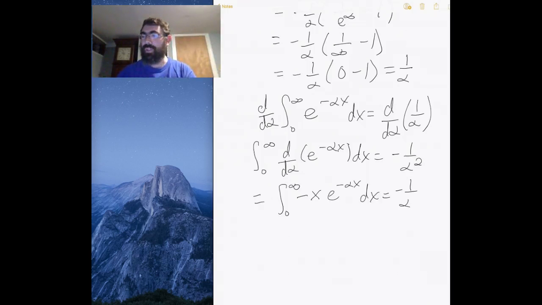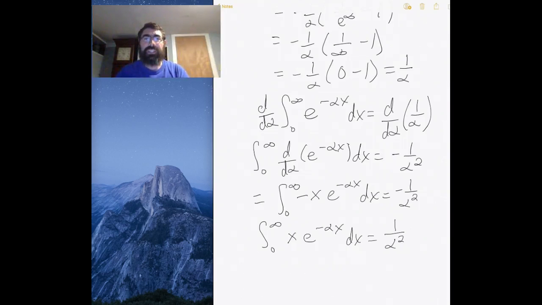So when I take the derivative, I get the integral of minus x e to the minus alpha x, and that's equal to minus 1 over alpha squared. I can cancel the minus sign on both sides, and I get the integral of x e to the minus alpha x dx, which is now equal to 1 over alpha squared.